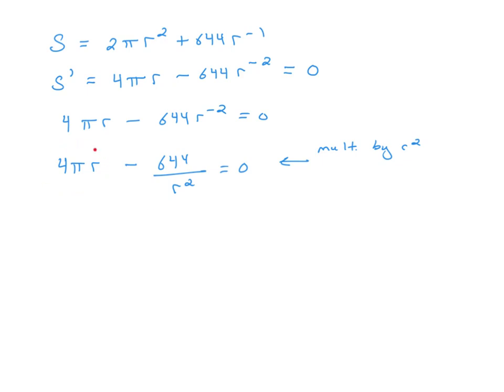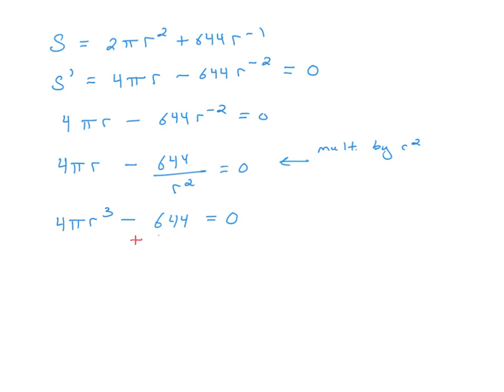When I multiply r squared here, this becomes r cubed. So we have 4 pi r cubed minus, when I multiply r squared to this, we'll have an r squared in the top and the bottom, and they cancel. It'll leave me with 644, and that is equal to 0.